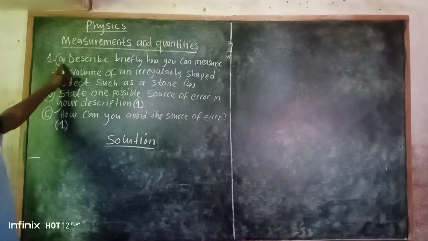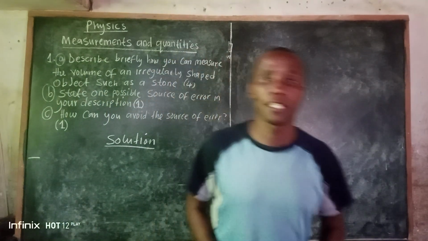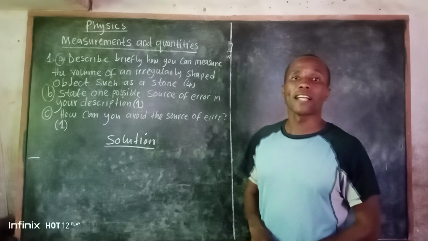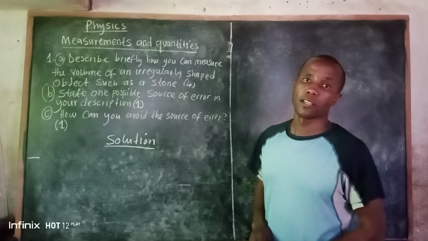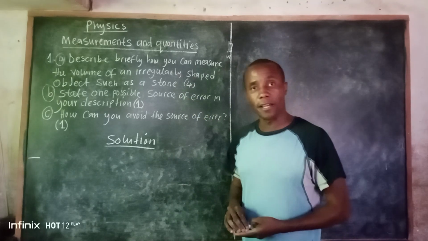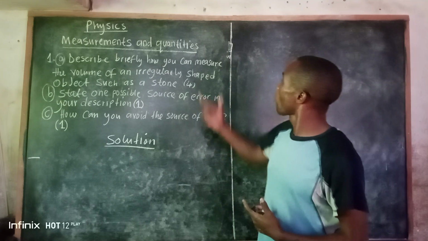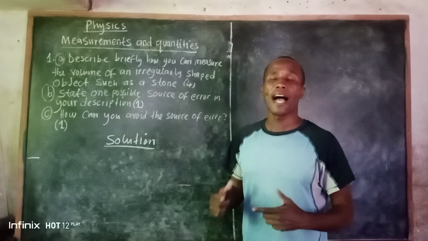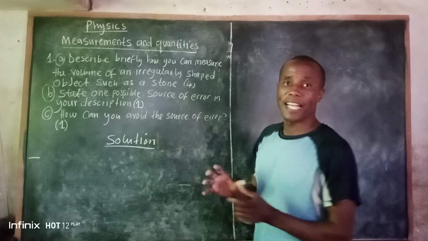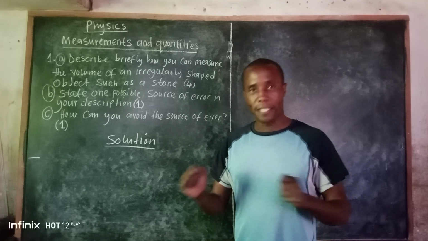Question 1A, here they are telling us to describe how we can find the volume of an irregular object. The first thing you must understand is that an object of an irregular shape is an object which doesn't have a definite shape.